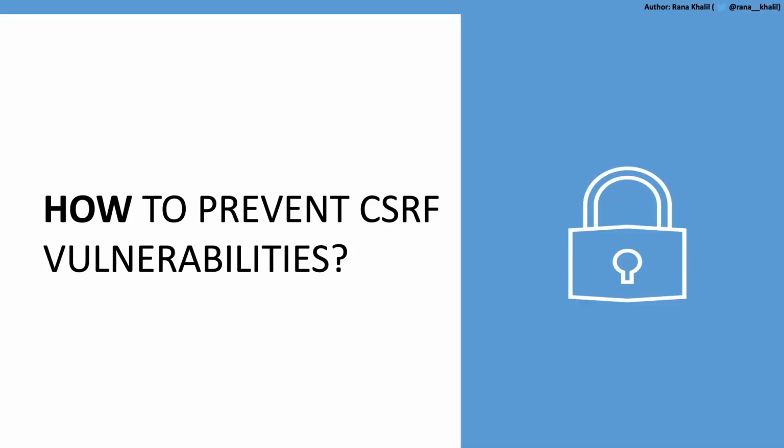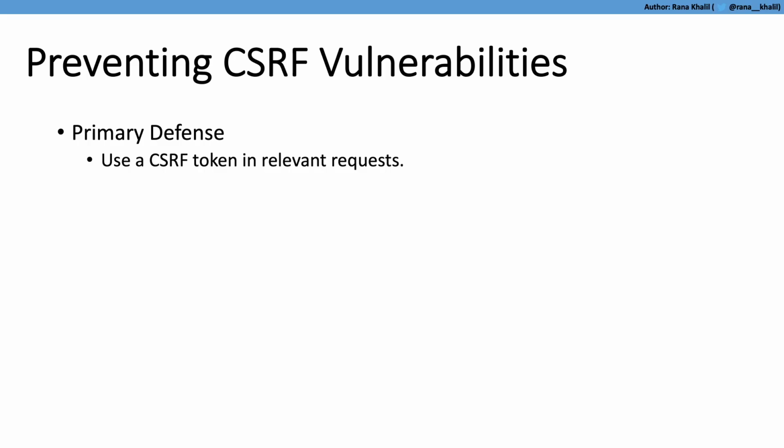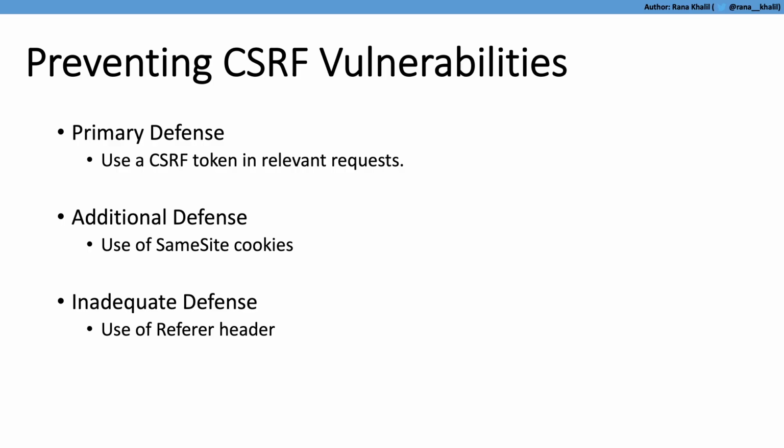Alright, so far we've learned about what CSRF vulnerabilities are, how to find them, and how to exploit them. We're going to end the video by learning about how to defend against CSRF attacks. So just like with any other class of vulnerabilities, we have primary defenses, secondary defenses, and inadequate defenses.